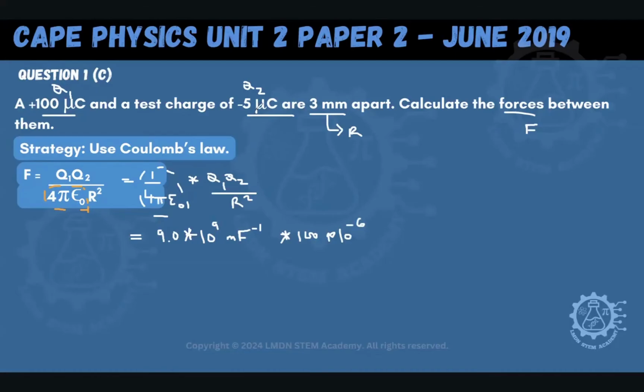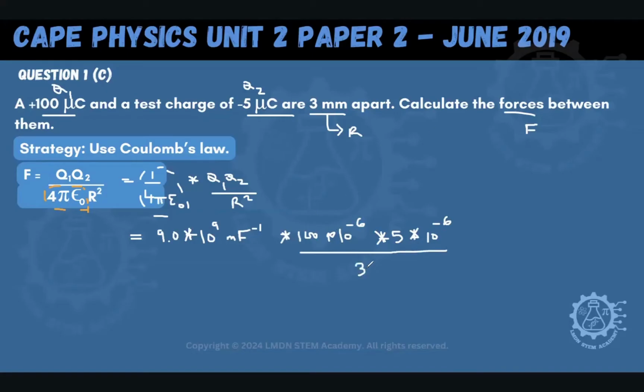Then my Q2 is this guy, so I'm gonna multiply by that. So that's gonna be 5 times 10 to the -6. That's a microcoulomb, right? And then now we're going to divide all of that side by the r squared, which is 3 millimeters.